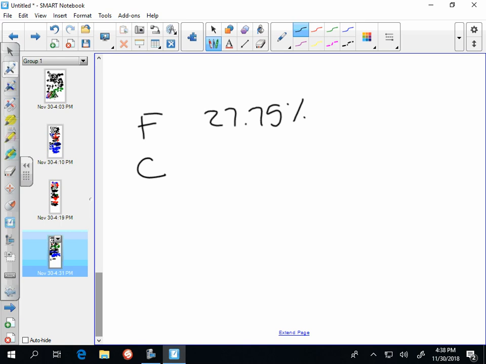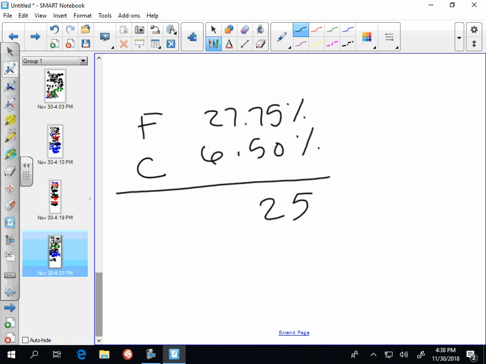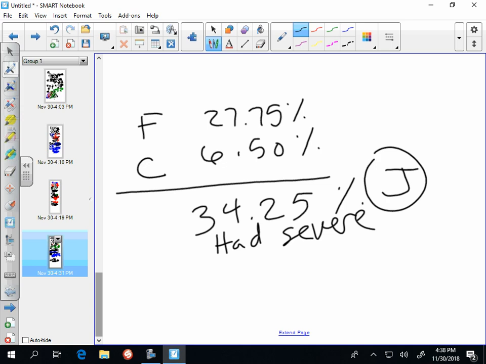C was 6.5%. And when we add these together, we get 34.25% severe. So when I look, I notice that that corresponds with choice J for number 14.